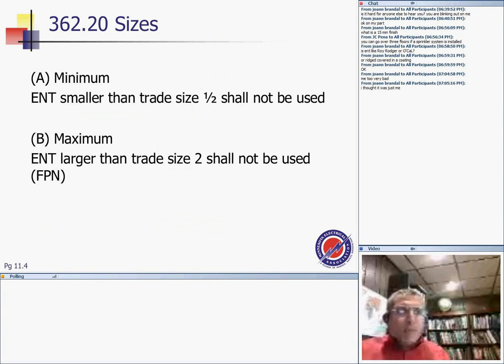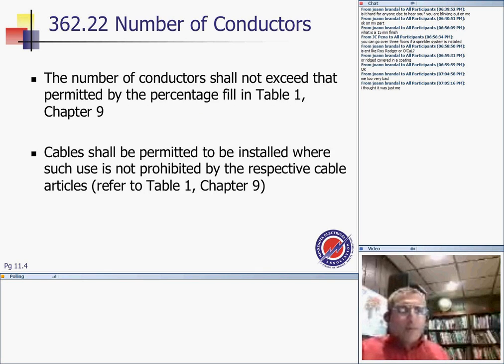And these are the sizes, the limitation on the size. This is not your 6-inch rigid metal conduit. It has a limitation on the size. If you go to Table 1, Chapter 9, which we will visit, you can find how many conductors you can fit, and also if the cable is allowed, how many cables you can fit.